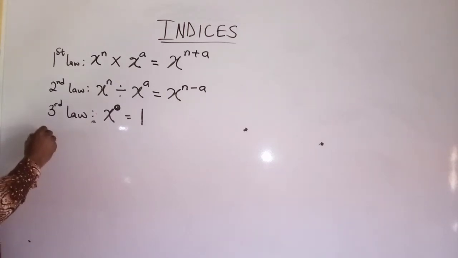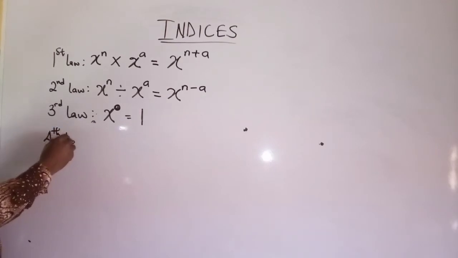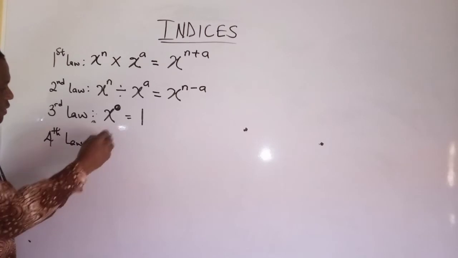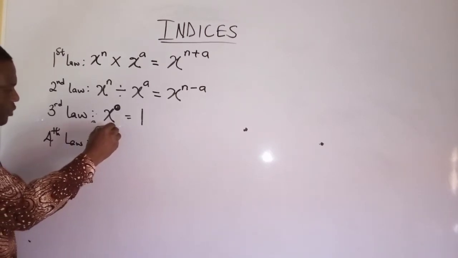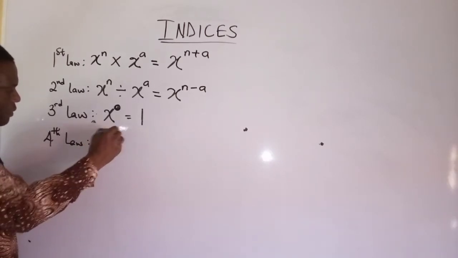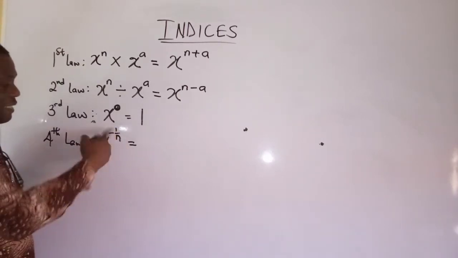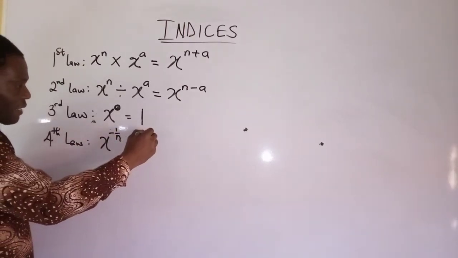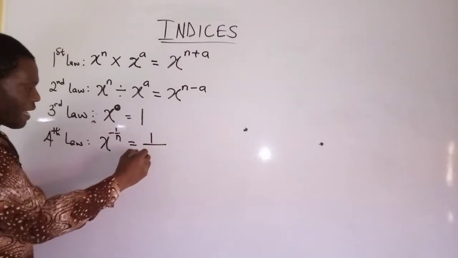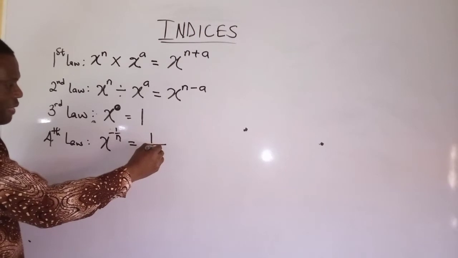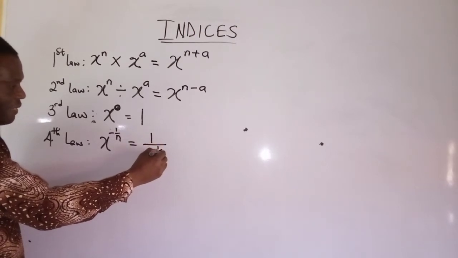If I also have another law, maybe the fourth law, I can have x raised to power minus 1 over n, and this is a reciprocal. I can have it as 1 divided by x raised to power 1 over n.